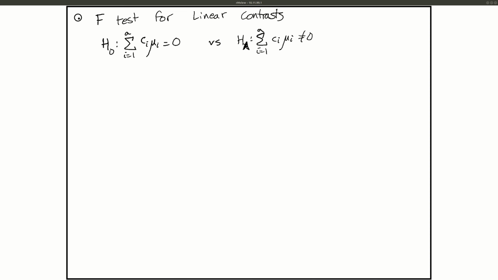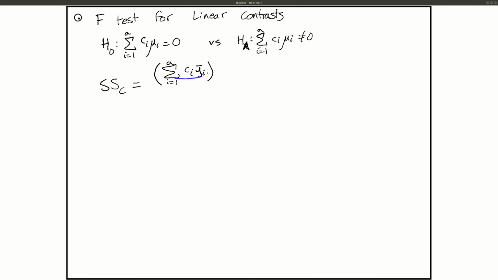In the same way that we can find the sum of squares due to our treatment or our factor, we can also find the sum of squares due to a contrast. The sum of squares of a contrast, which we'll write sub c here, is equal to the sum from i equals 1 to a of each of our contrast coefficients times our sample means.